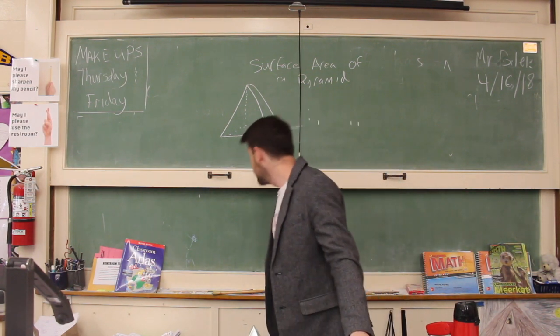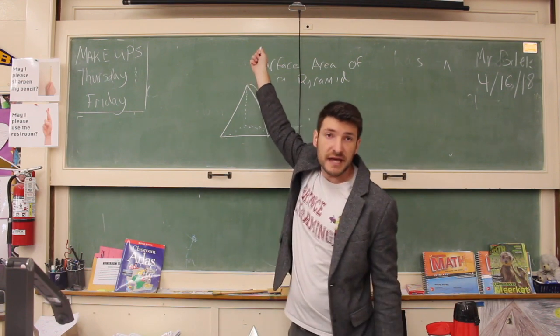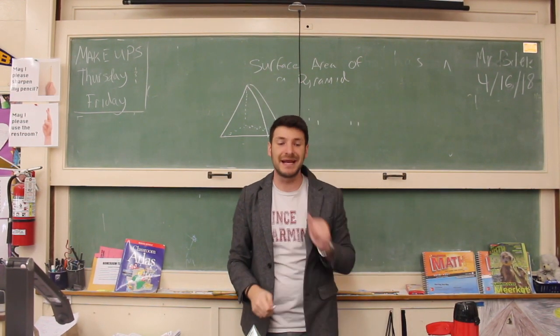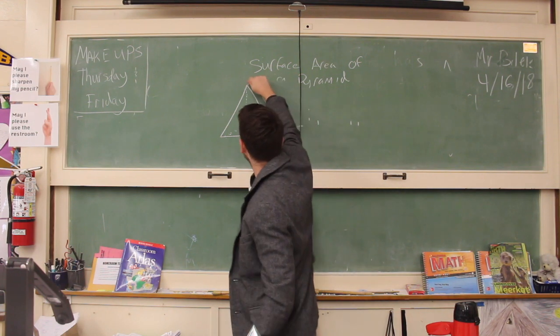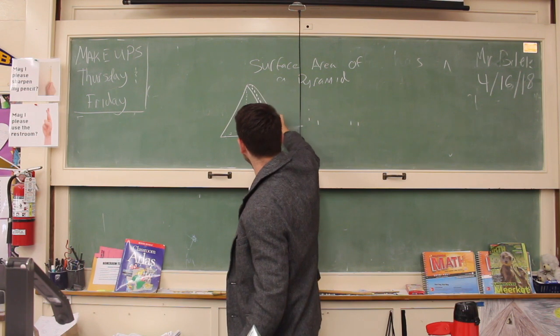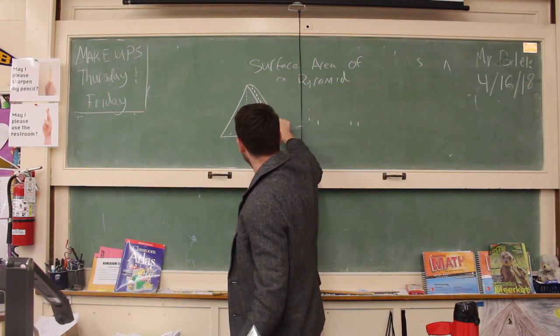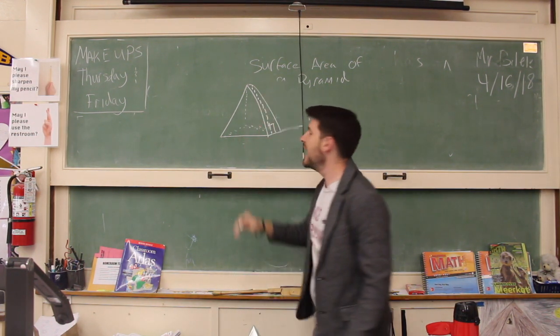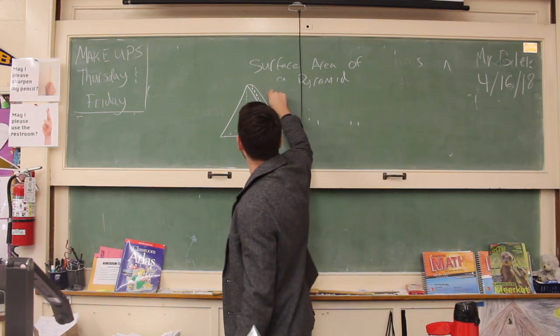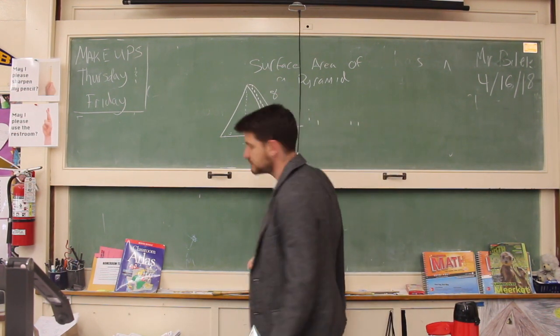Now, the height goes straight down, which means it ends at a right angle, perpendicular, 90 degrees. So, the height of this side, which I'm going to draw right here, coming straight down 90 degrees to my base. The height of this side, I'm going to go ahead and make that 8.